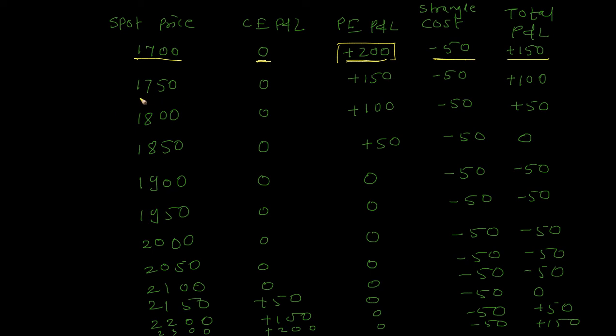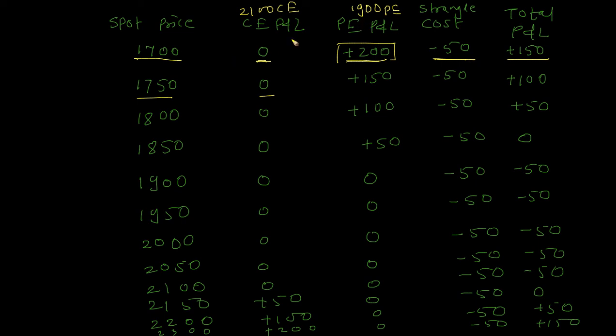Now let us say Reliance is trading at 1750. Again, my call option is out of the money and will have zero value, and the put option will give me 150 points profit. Why? Because my put option is 1900 PE and this is 2100 C. A put option gives profit to a buyer when the market trades below the strike price.